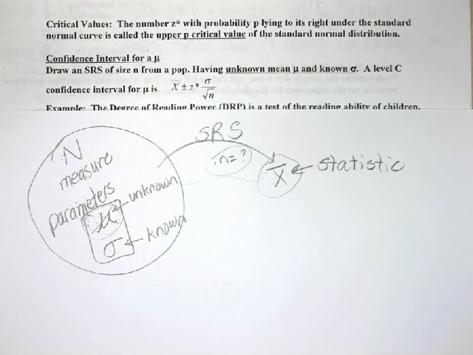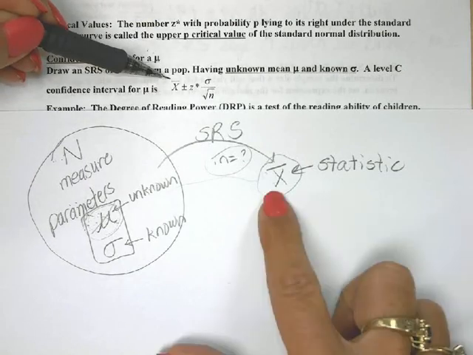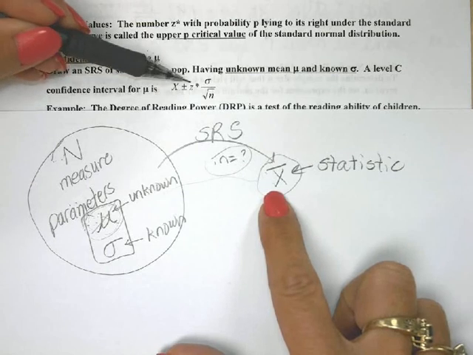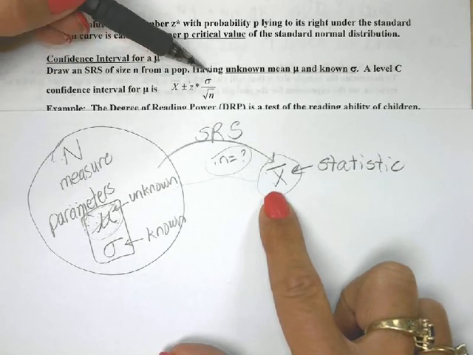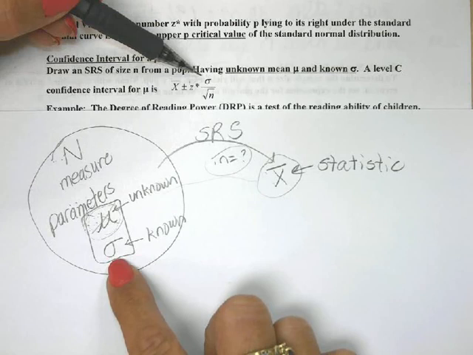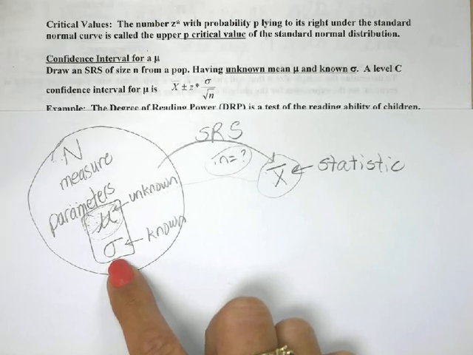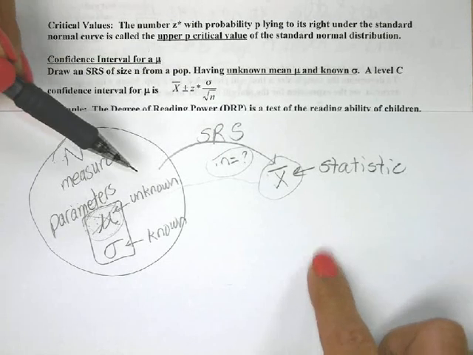And how do we calculate it? We take the X bar we got, plus or minus some specific Z star value, and I'll talk about that in a minute. That will depend on what level of confidence we want in our estimate. And then we take the population standard deviation for individuals over the square root of n. Remember the context of this: the standard deviation over the square root of n was the standard deviation for the sampling distribution of X bars.